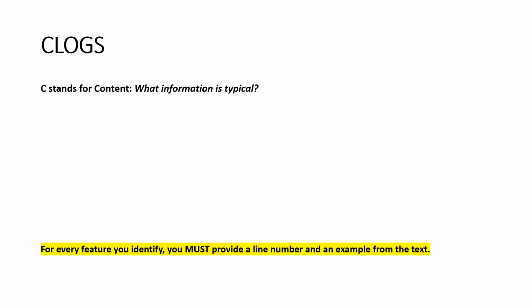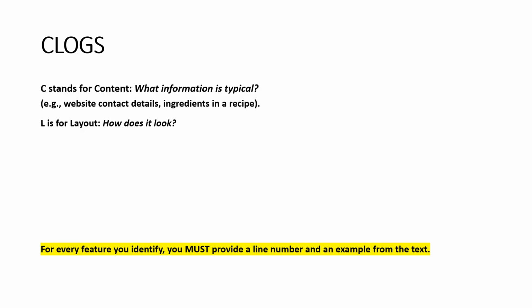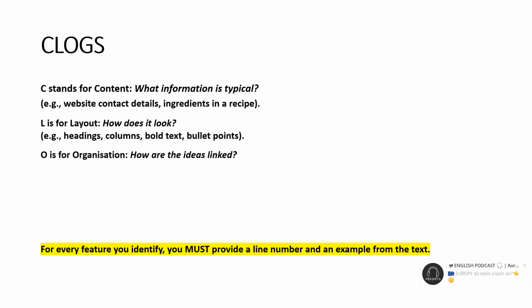C is for content, so what information is typical, like this is a website, or this is a recipe, ingredients, method. L is for layout, how does it look, like with columns or bold text, bullet points. Another one is organization.